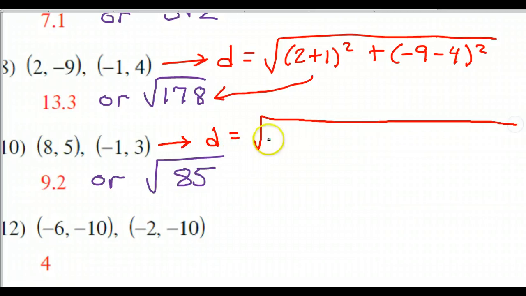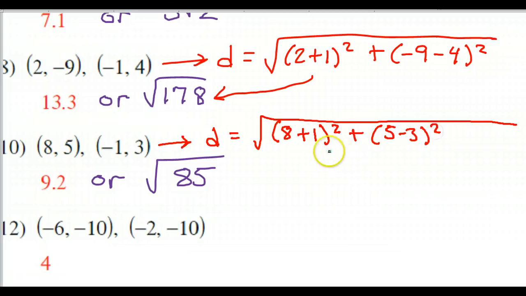Number 10, x minus x. It's going to be 8 plus 1 squared. Y minus y, so that's going to be 5 minus 3 squared. Put that in your calculator, you should get square root of 85, which is 9.2.